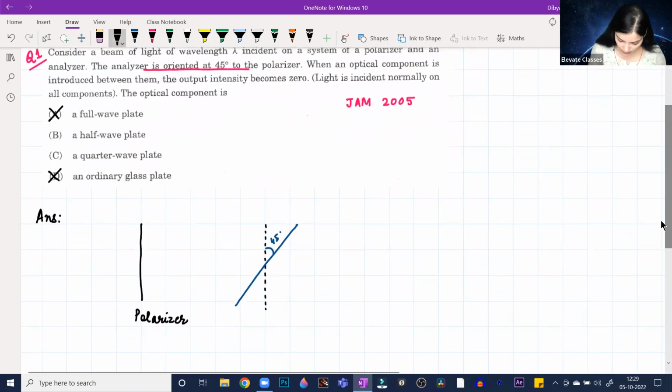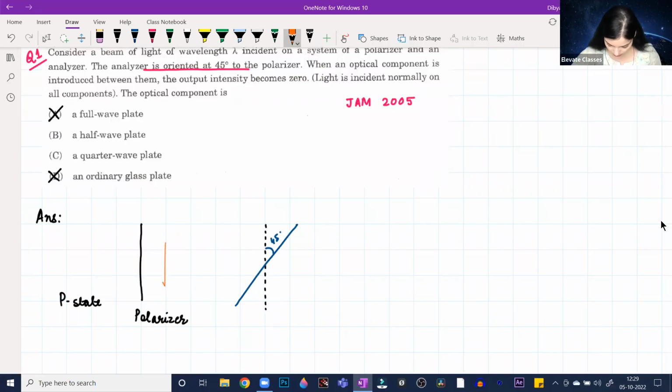So now what will happen if I consider any input on the polarizer? Let us consider a normal P state. So some P state is falling here. What will I get? After the polarizer, I will get light polarized parallel to the pass axis of the polarizer. And after passing this through the analyzer, I will get light which is parallel to the pass axis of the analyzer. So this is the analyzer.